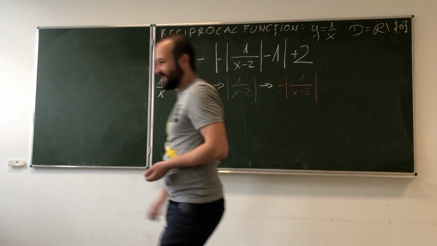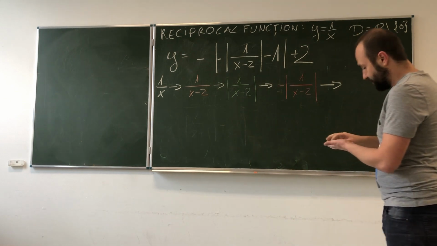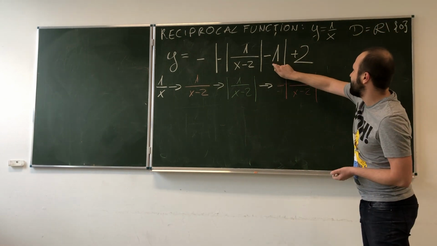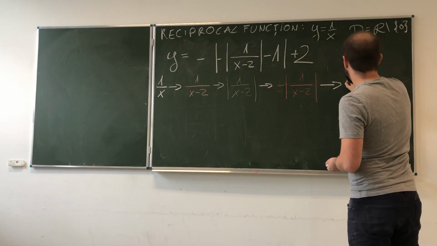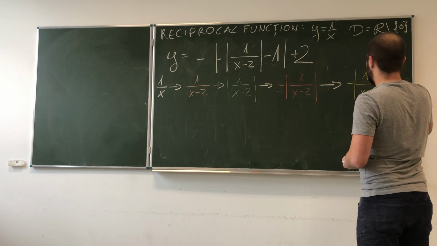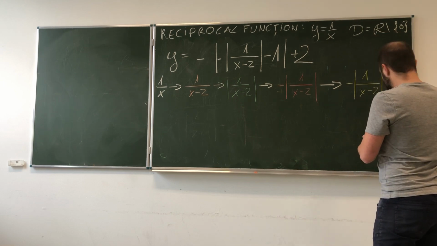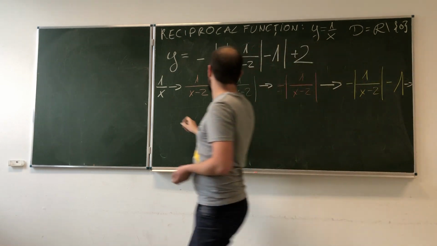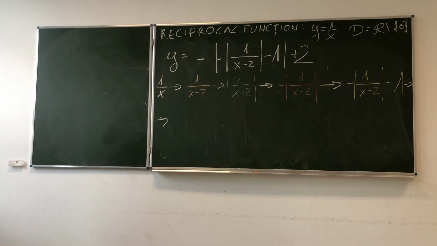Then, in the next step, the function that we should deal with is probably the one involving also -1. Then, the next step, we should take absolute value of this.